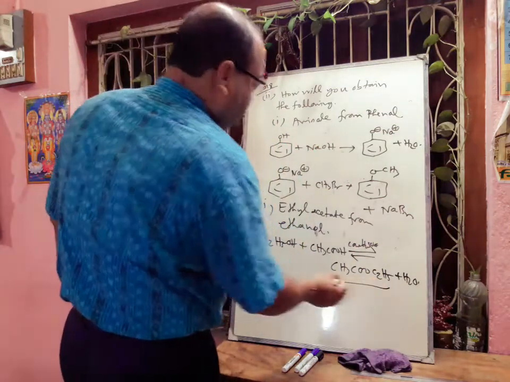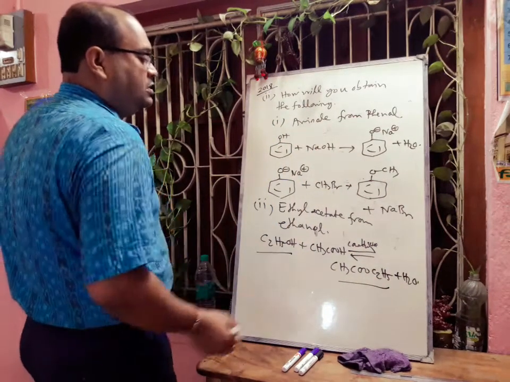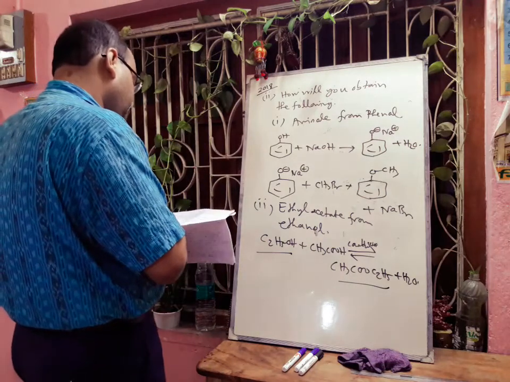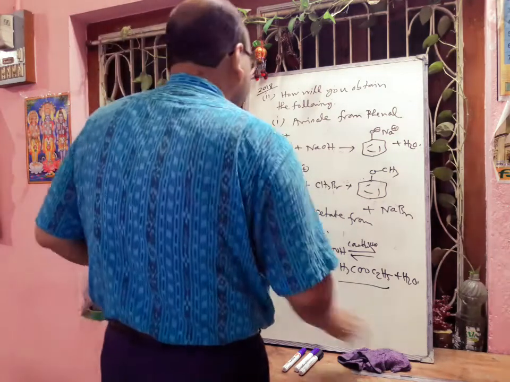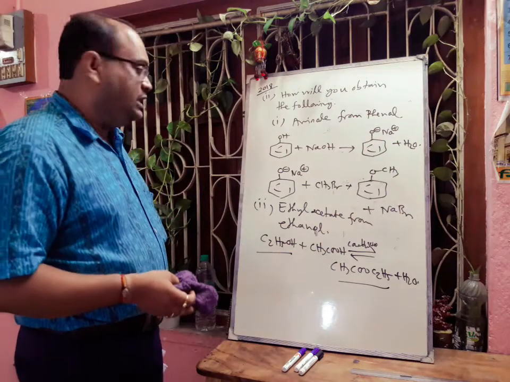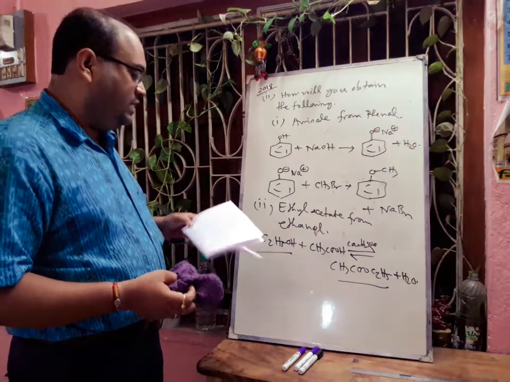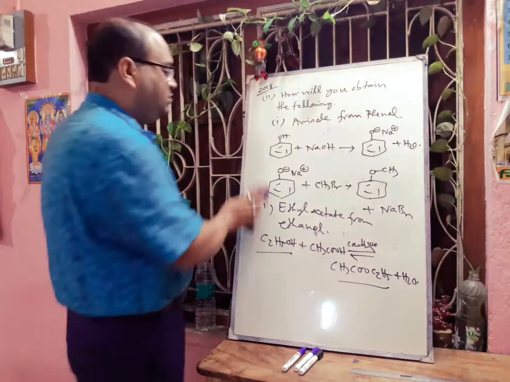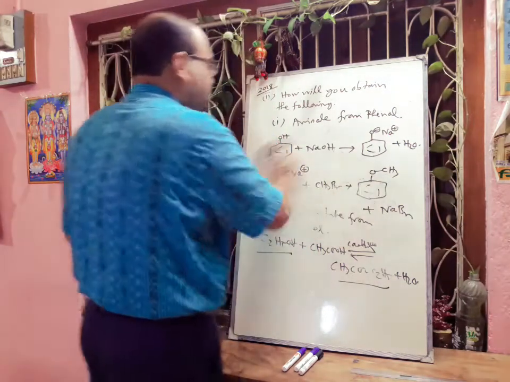This one is ethyl acetate and this one is ethanol. So in this way we can easily prepare ethyl acetate from ethanol. These are the questions from 2018. Here we are observing that the total marks that came this year is 4 marks. So a maximum of 4 to 5 marks will come from this chapter.